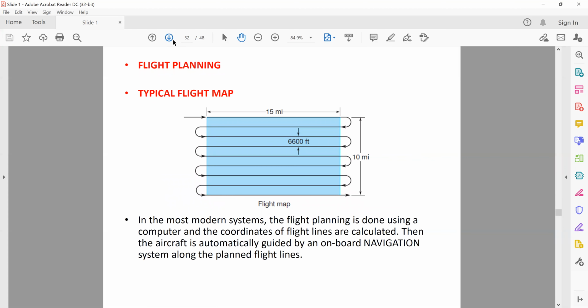So once you decide on what should be the side lap and end lap, then you can plan this whole scheme. So you have a total area which is 15 miles multiplied by 10 miles. So you have a huge area. And then you have to ascertain what should be the distance between the parallel turns of the airplane. And over here, they're saying there should be 6,600. And obviously, it comes out from the total area which is covered in one photograph, which depends on the focal length and the flying height of the plane.